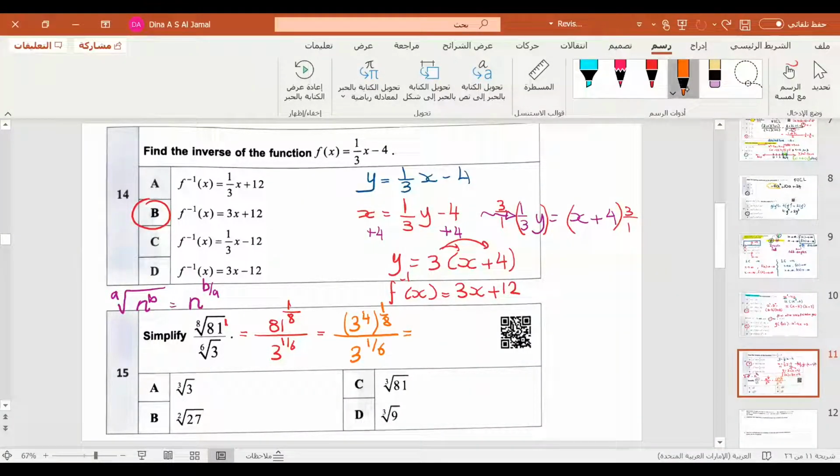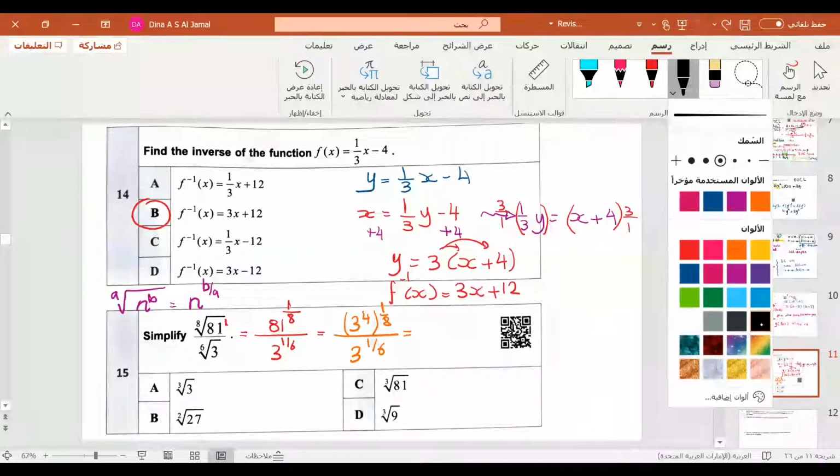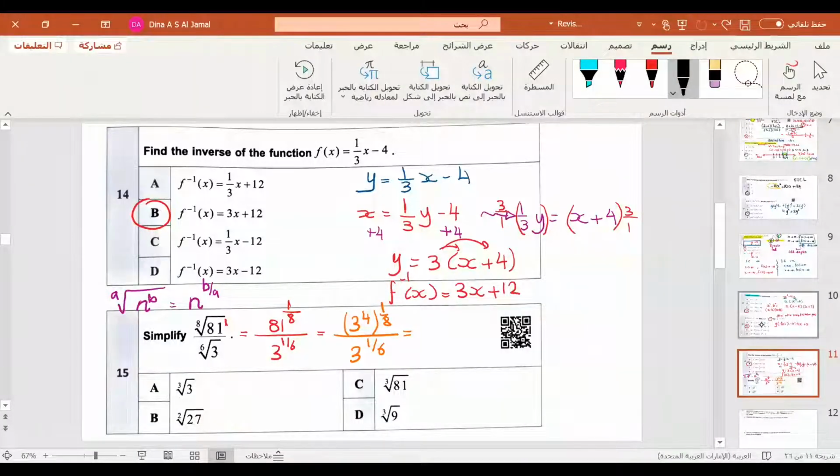Equal to. Now, what you will be doing? It is power of the power. Multiply 4 by 1 over 8. It will be 3 to the power of 1 over 2. Then 3 to the power of 1 over 6.